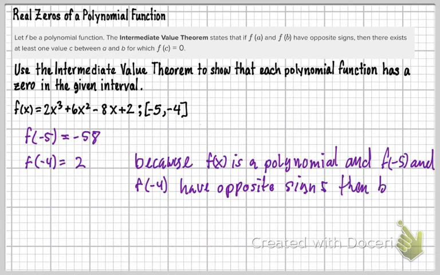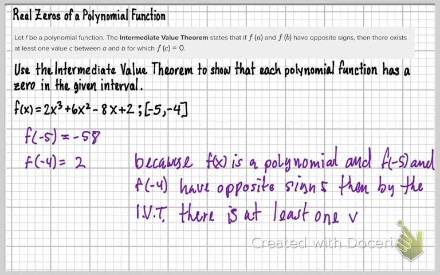then by the intermediate value theorem, IVT, there is at least one value in the interval.